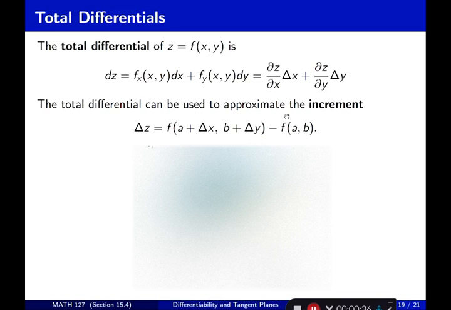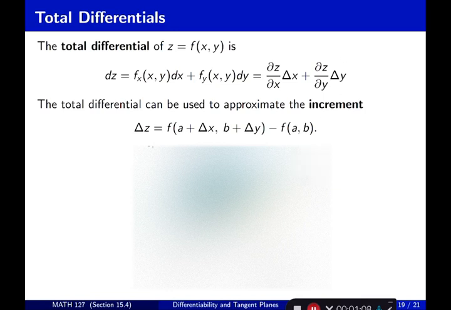You see a lot of this in physics and especially in labs, where you find error using the differentials. The total differential can be used to approximate the increment delta z. That's the actual difference between f of a plus delta x, b plus delta y, and f of a and b.